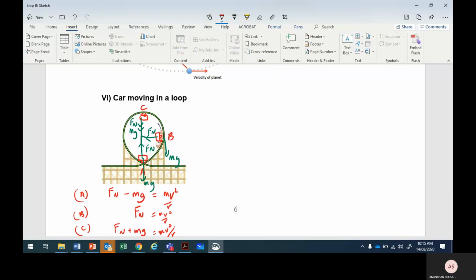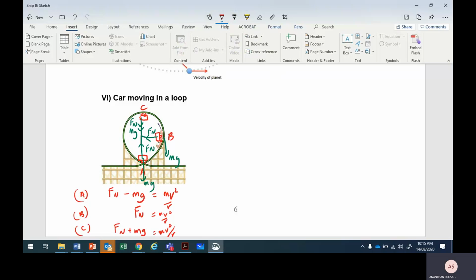Okay, so now for the discussion: a theme park builds a loop like this. They want to launch a roller coaster into the loop. Is there any minimum speed required? Yes, there is a minimum speed. If not, it won't reach the top point.